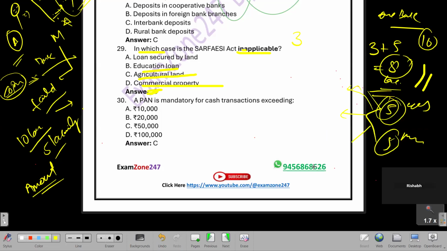Yes, very good. For 1 lakh, it is. For more than 1 lakh, it will be applicable if the overdues are more than 20%.